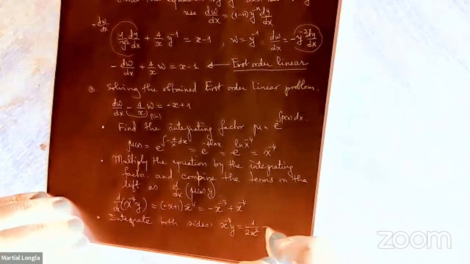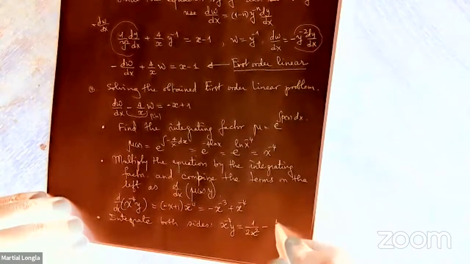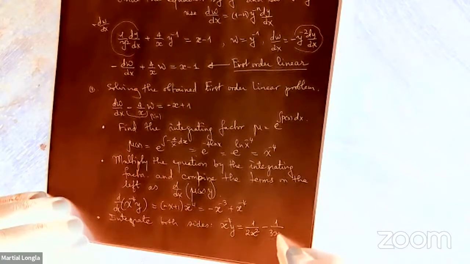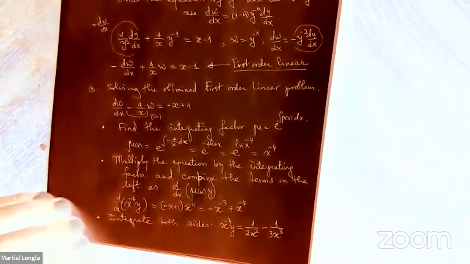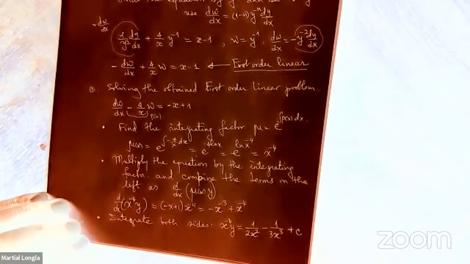And the integral of x to -4 is x to -3 over -3, so that's -1 over 3x cubed plus the constant of integration.